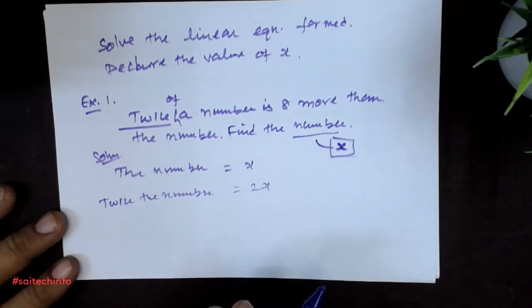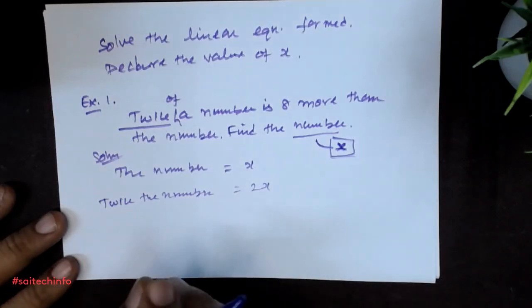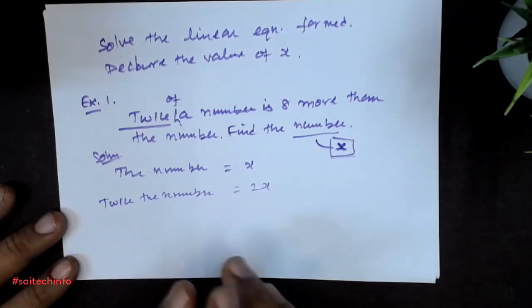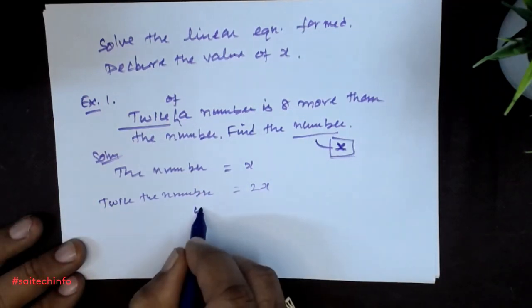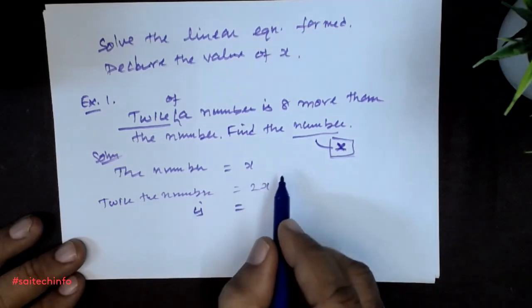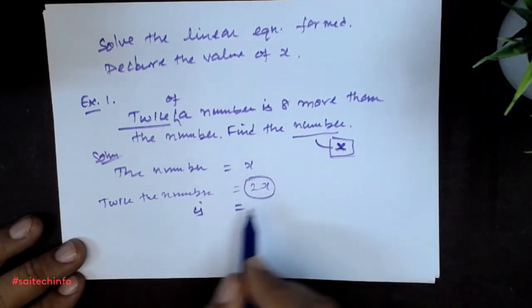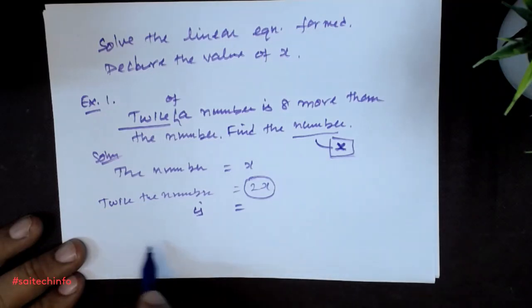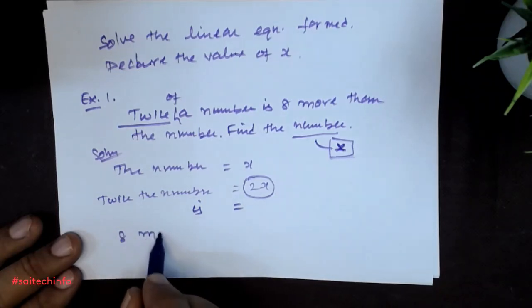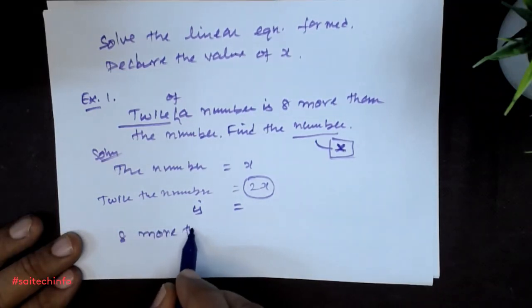And then twice the number is 8 more than that number. So is means equal to. So twice the number is equal to 8 more than the number.